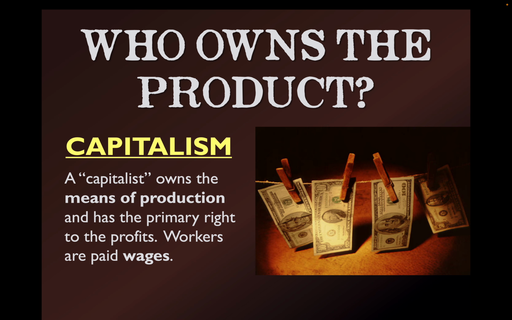So if you go work at, let's use the example of Starbucks, the baristas are workers and they are paid wages, hourly wages. The owner has the rights to the profit. So whatever money they make on top of all their expenses, they get the right to do with what they want. Whether they reinvest that or they put it into their own pockets is up to them.